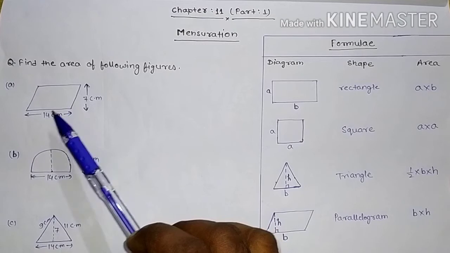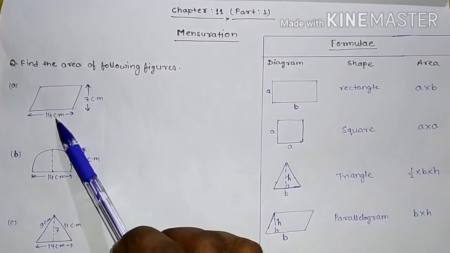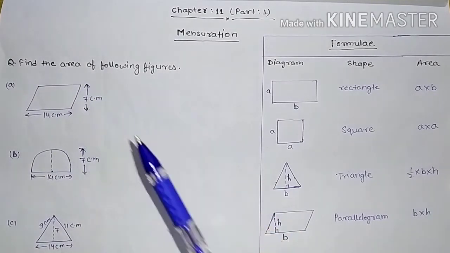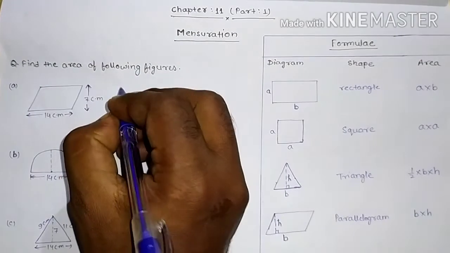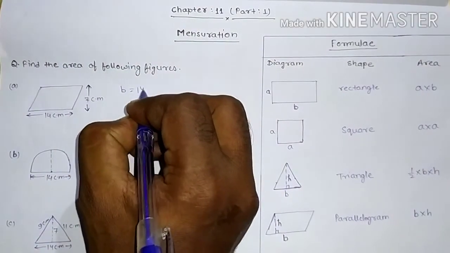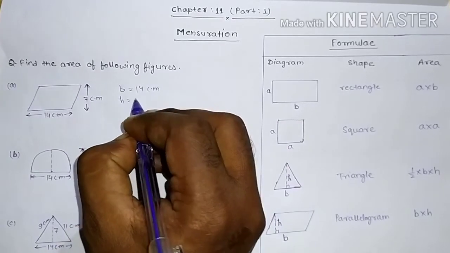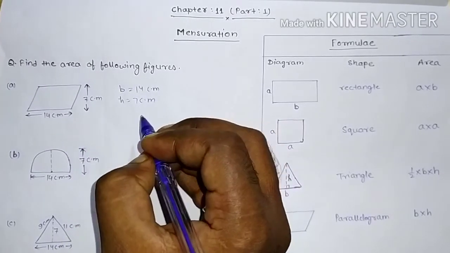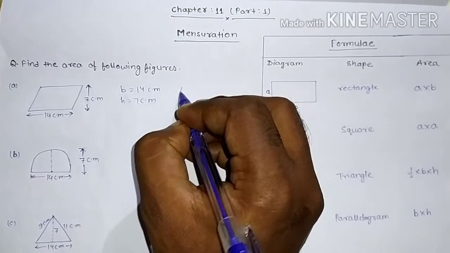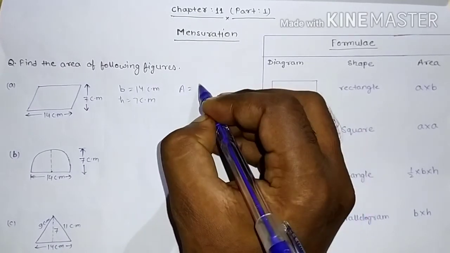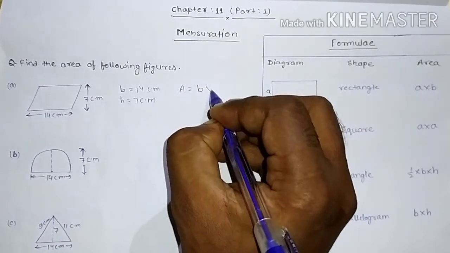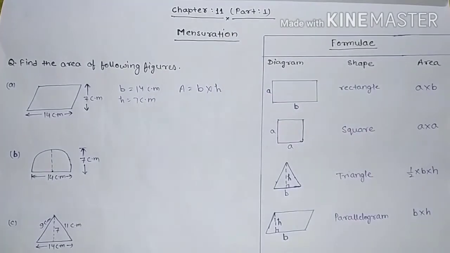So simply base is given 14 centimeter and height is given 7 centimeter. So just write here b equals 14 centimeter and height equals 7 centimeter. We have to find area of the parallelogram. That means formula will be base into height, b into h.